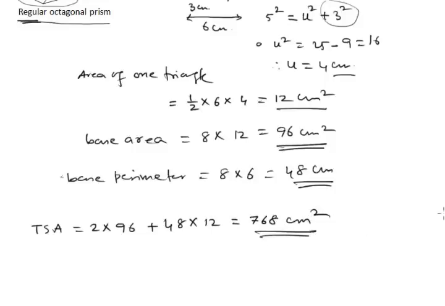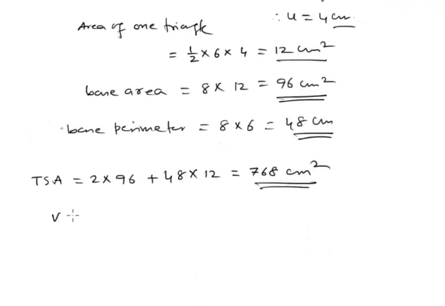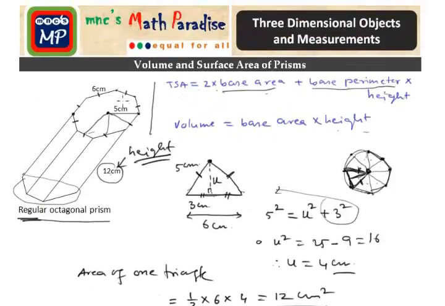So this is the total surface area. Now the volume is base area times height. Height is 12. So volume is base area, which is 96, times height, that is 12. So you will get 1152 centimeter cube. So here in this example, this is an octagonal prism, a regular octagonal prism.